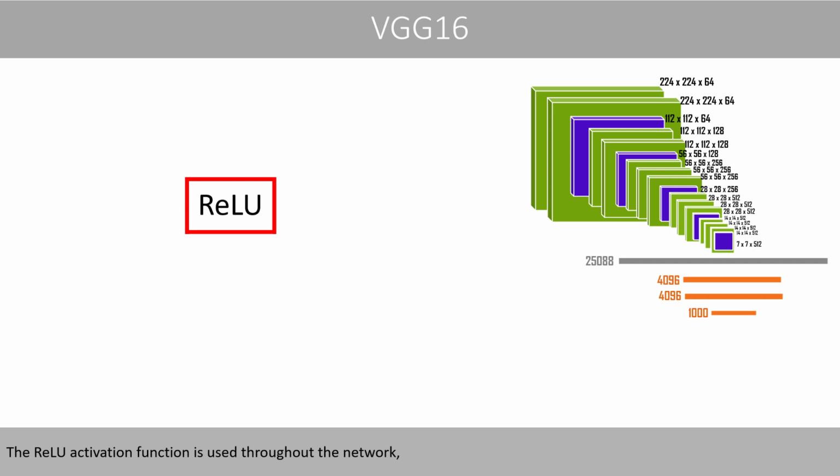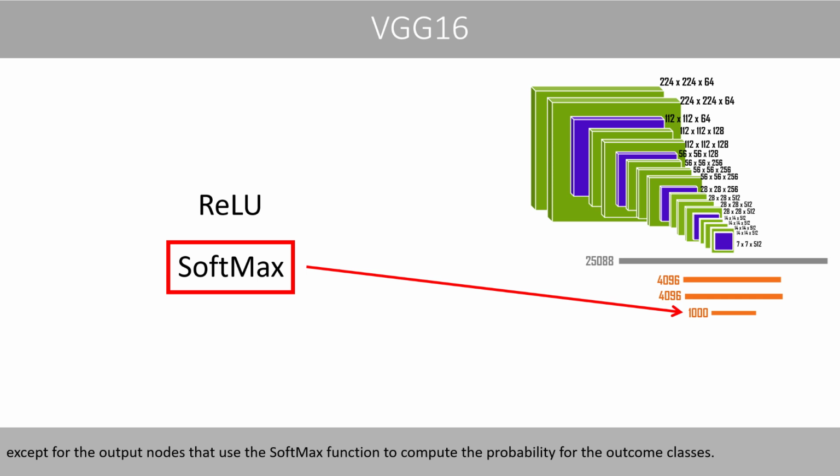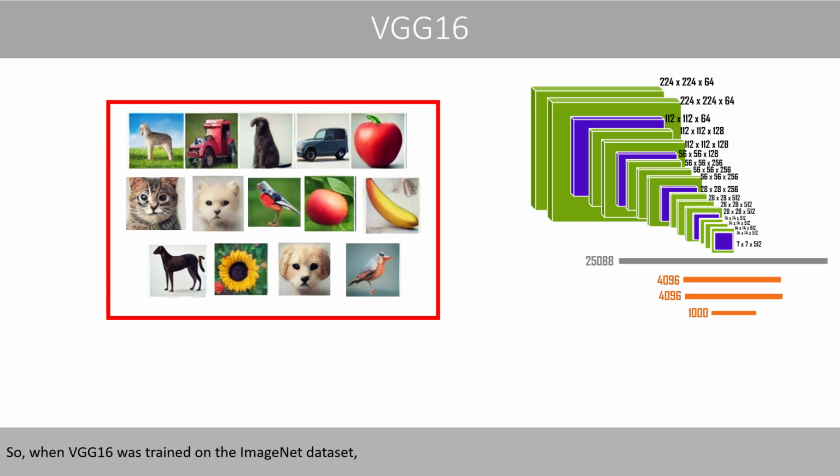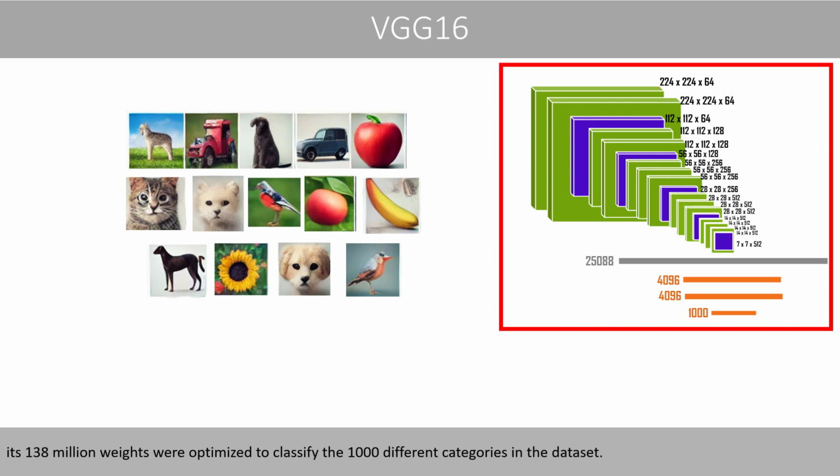The ReLU activation function is used throughout the network, except for the output nodes that use the softmax function to compute the probability for the outcome classes. So, when VGG16 was trained on the ImageNet dataset, its 138 million weights were optimized to classify the 1000 different categories in the dataset.